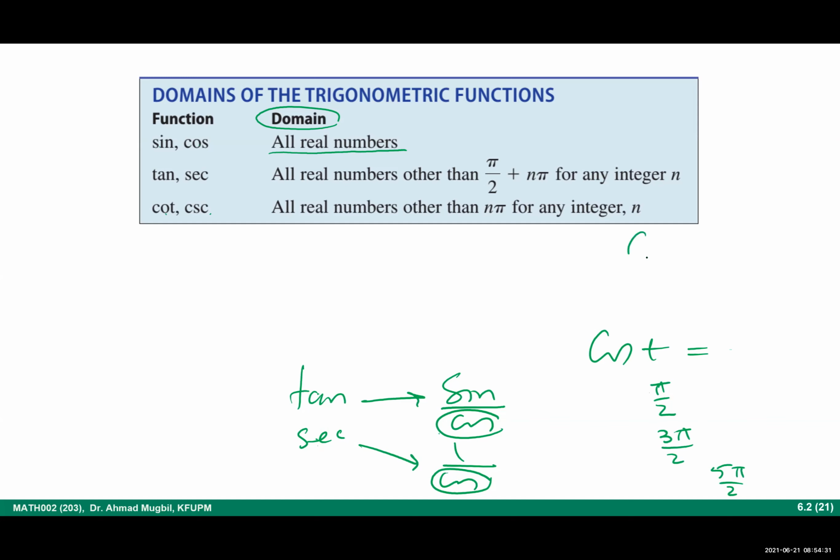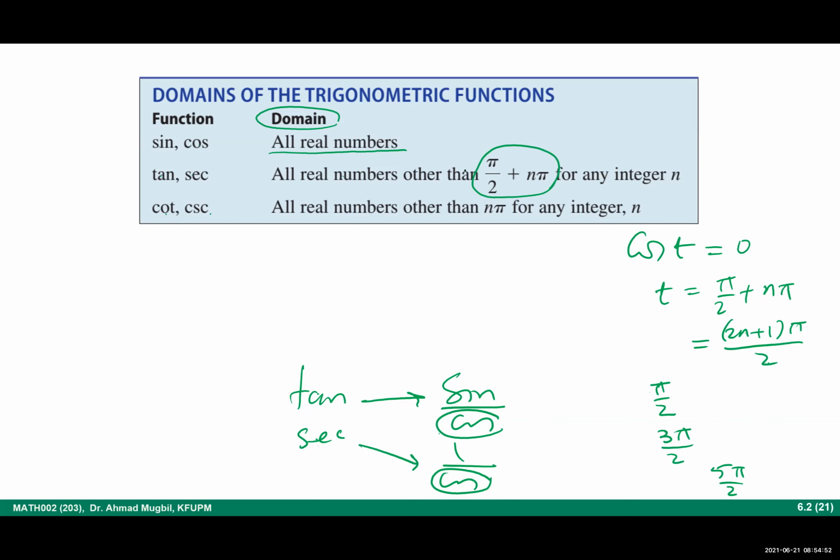Simply, we say that cosine t equals 0 if t is pi over 2 plus n pi. In other words, it is the same as (2n plus 1) pi over 2, meaning an odd number over 2: 1, 3, 5, and so on. This is why the domain of tangent and secant is all the real numbers except these numbers.